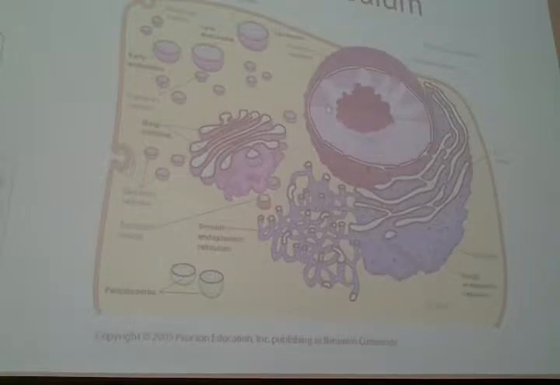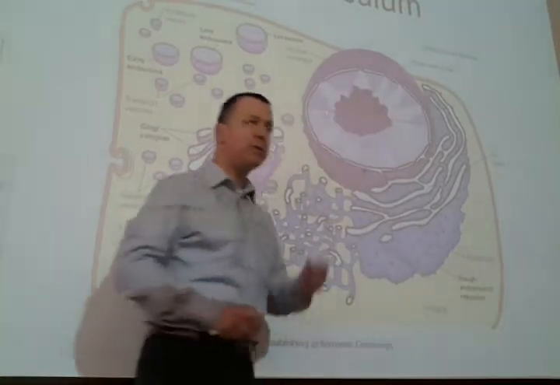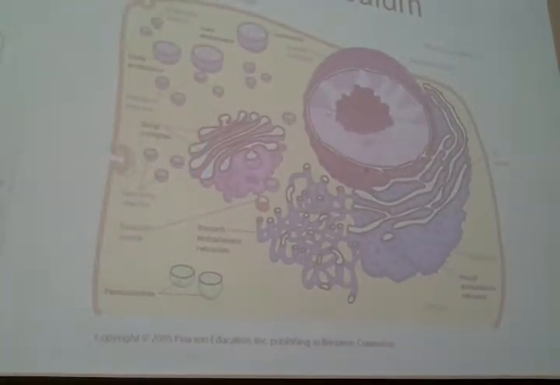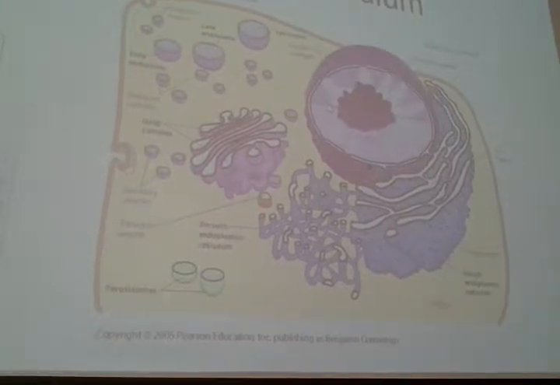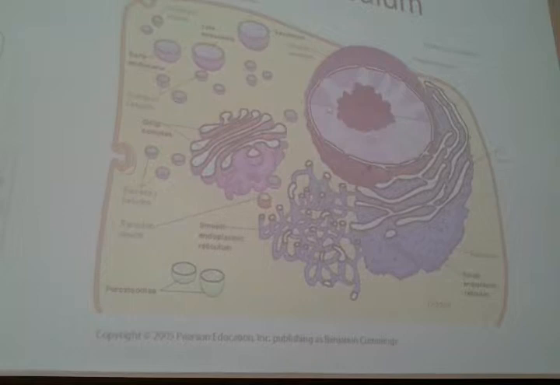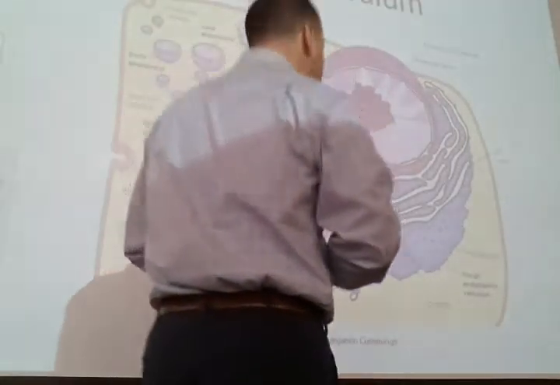Okay, so smooth ER having a more tubular shape and no ribosomes attached has really very, very little to do with anything about protein. What the smooth ER is going to have a lot to do with, really two things. First is lipid production. So instead of making certain kinds of proteins, the smooth ER is much more about making lipids of various kinds, but most notably, this is where a lot of the new membrane phospholipids are made.